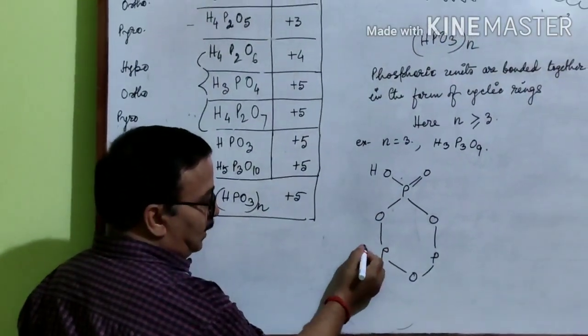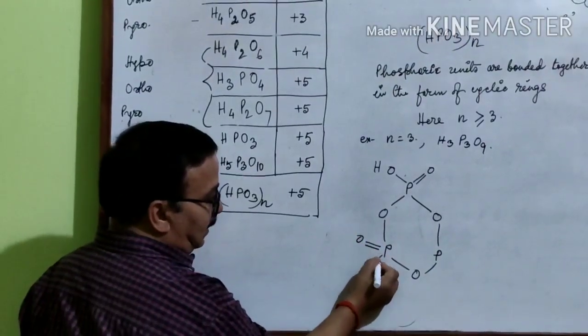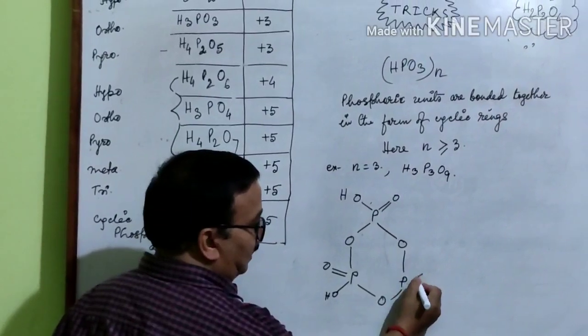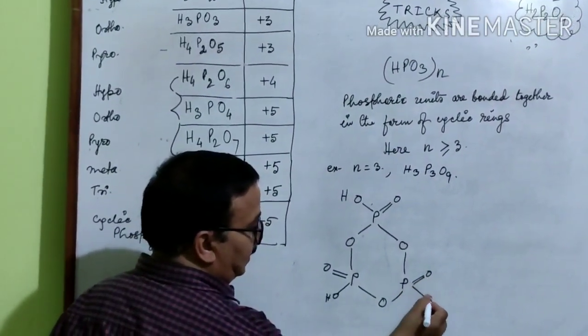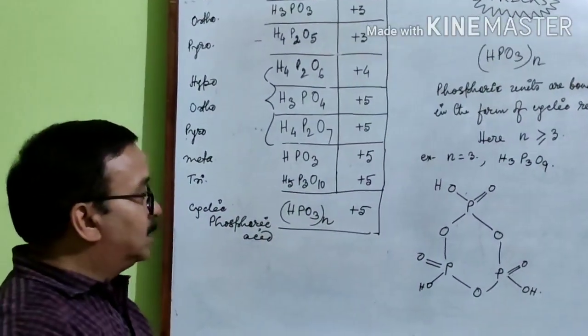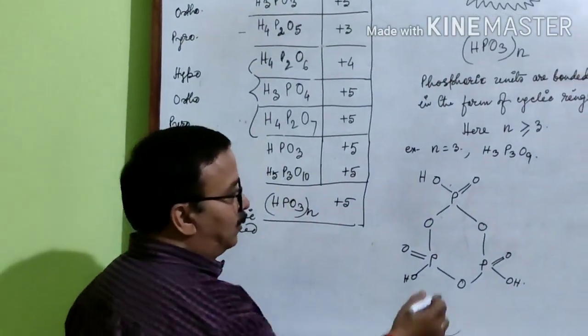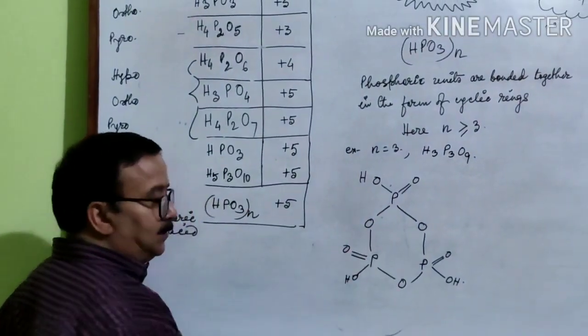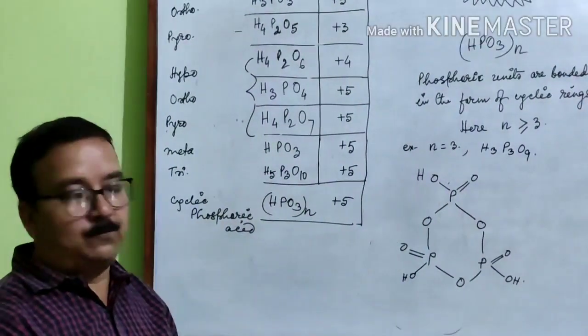So here also there is a double bond and a single bond with OH. In this case also there is a double bond with oxygen and a single bond with OH. So count the valency of phosphorus: 1, 2, 3, 4, 5. The valency of phosphorus is fulfilled.